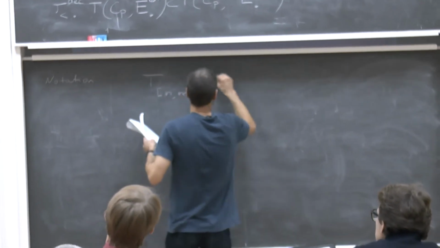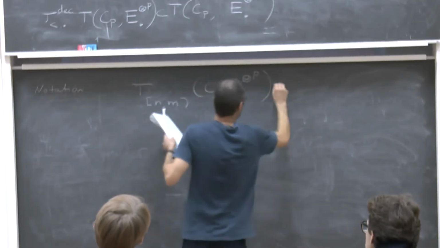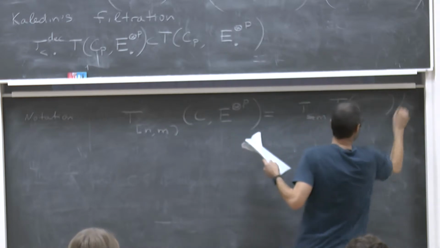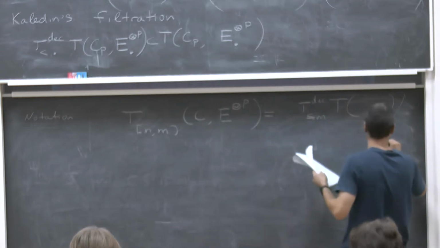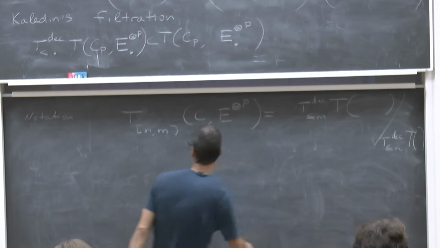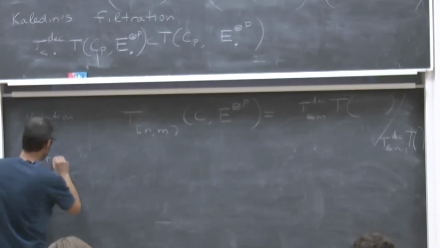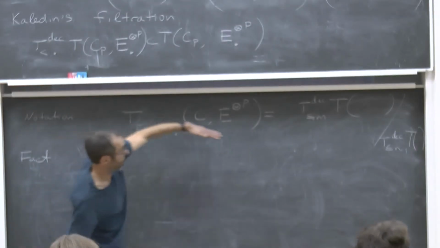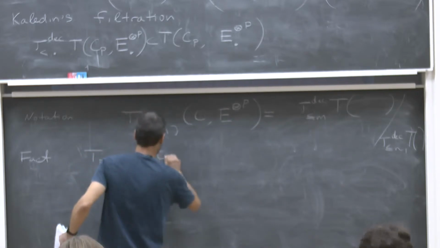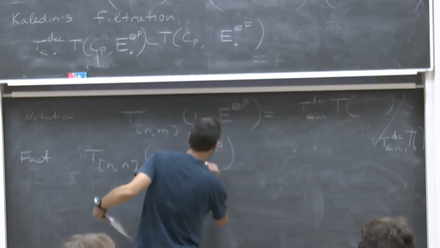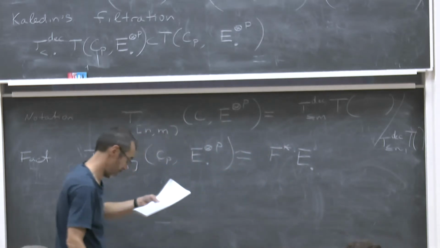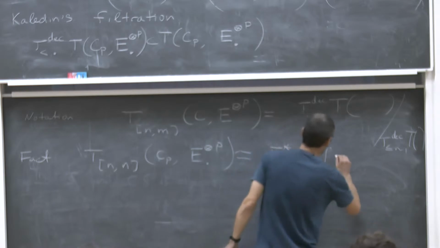I define the truncated Tate construction to be the quotient of tau less or equal than n by tau less or equal n minus m. And the key property is that if I take the successive quotients, for any complex, that's going to be canonically isomorphic to the Frobenius twist of my complex, shifted by minus n. Okay?